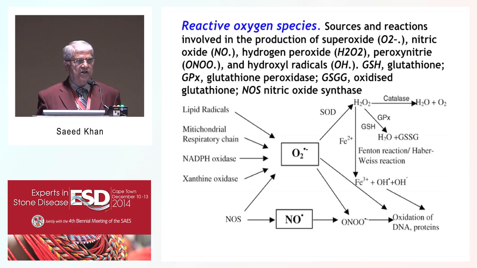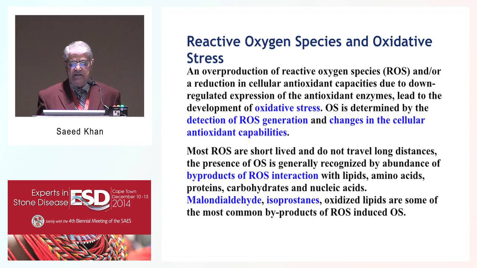You look at any physiology book, they are always involved. But they are formed at exactly the place they are needed, and they don't get away from it. But when there are too many of them and they move out from where they are needed, then they become a problem. So reactive oxygen species formation is physiological, but the overproduction is the problem.